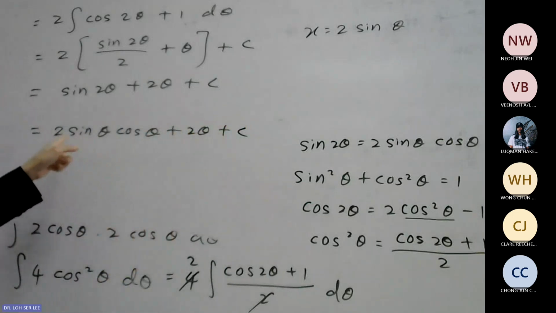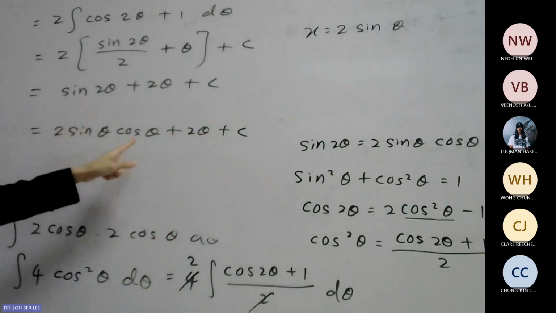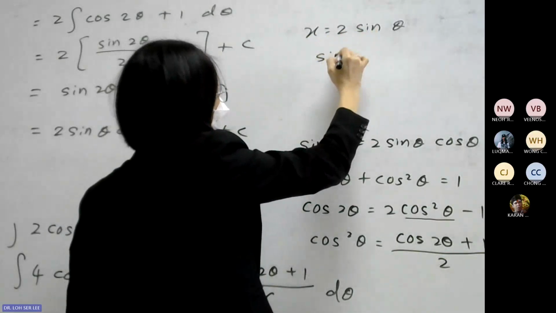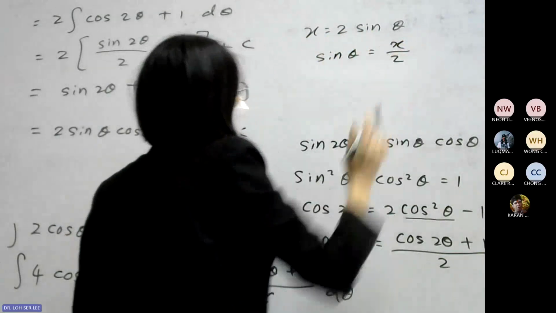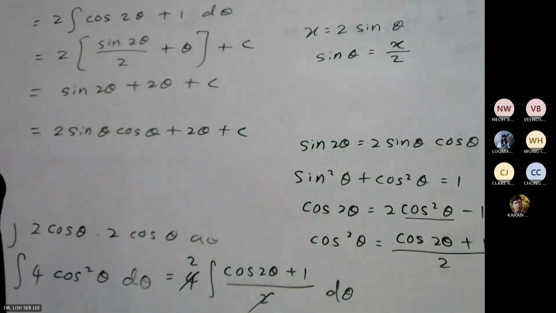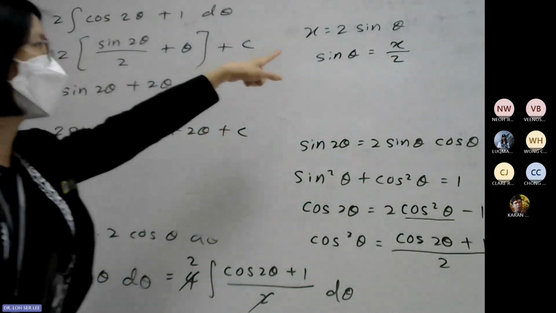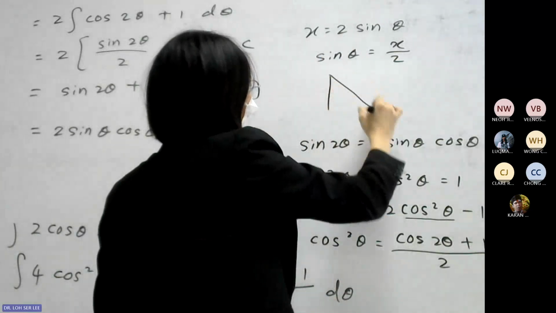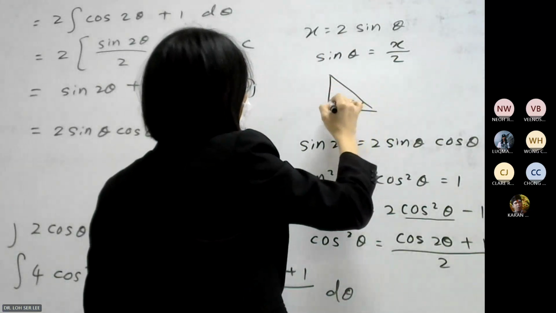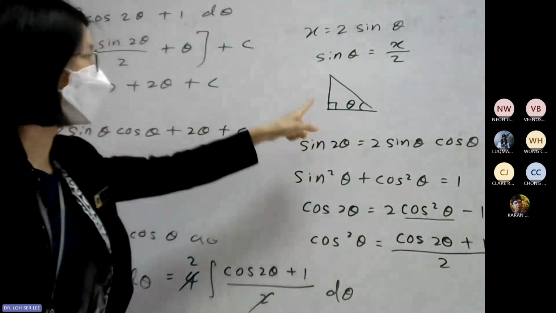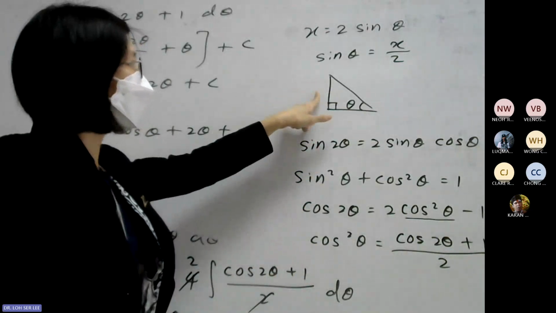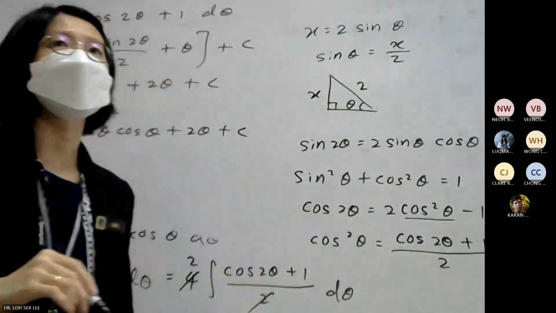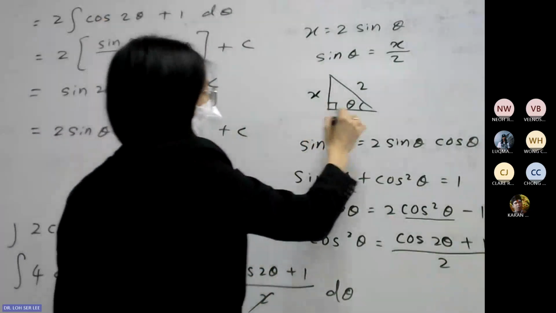Why do we change into this? This one changes into this because from here we have sine theta as x over 2. Correct? x over 2 is your sine theta. So sine theta is this side divided by the hypotenuse. Then what is this?